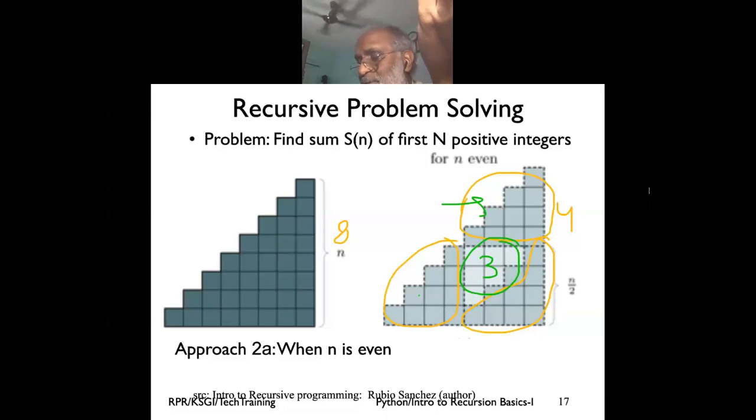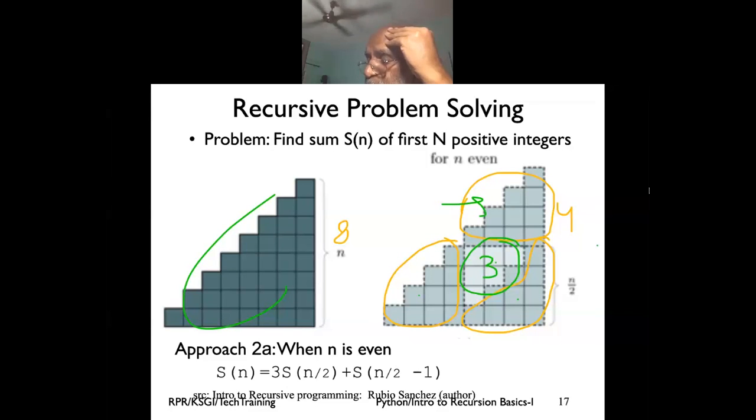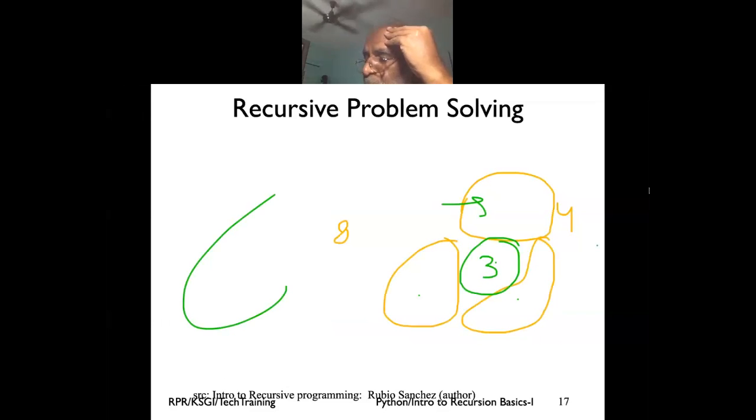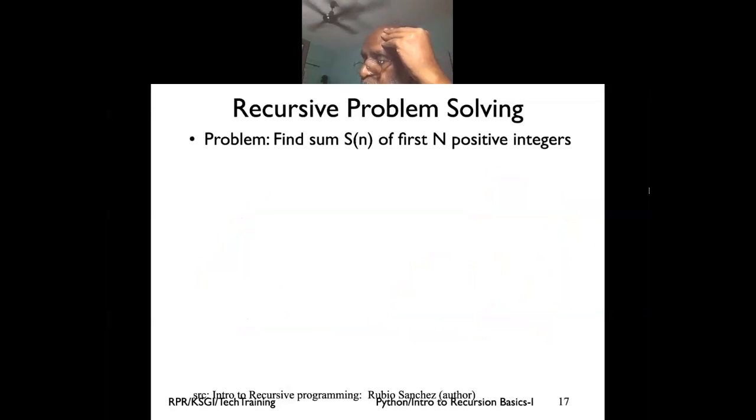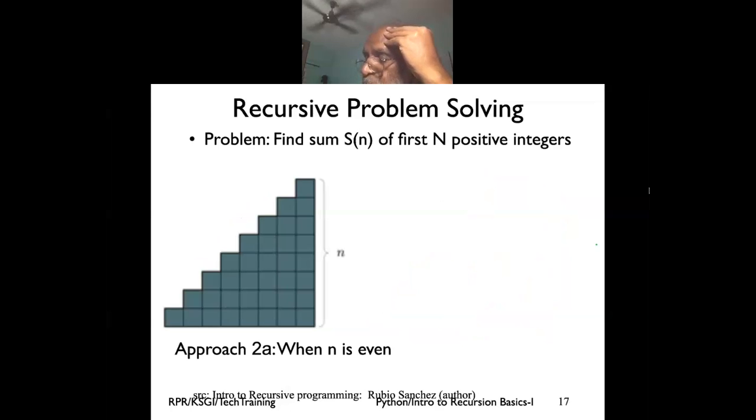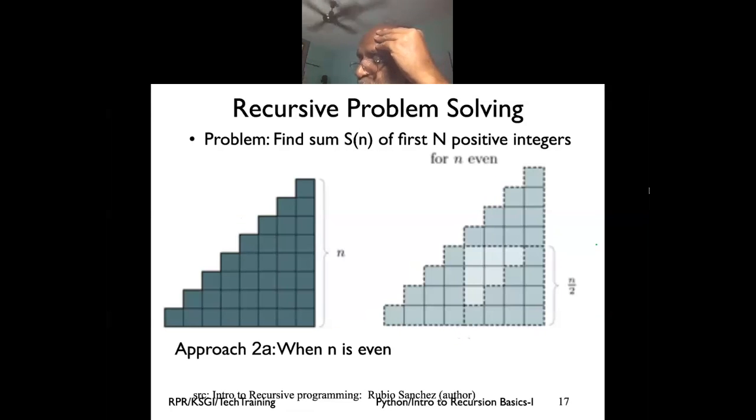Because it's the same problem. I have a bigger diagram, I have smaller diagrams. If n is even, I get 3 smaller problems of size n by 2 and 1 smaller problem of size n by 2 minus 1.